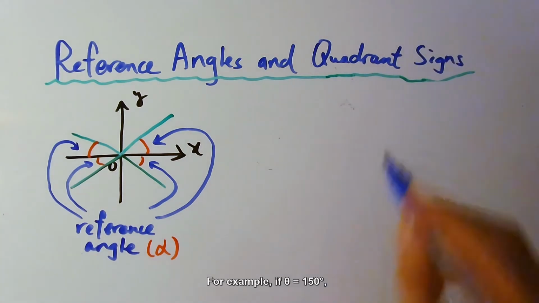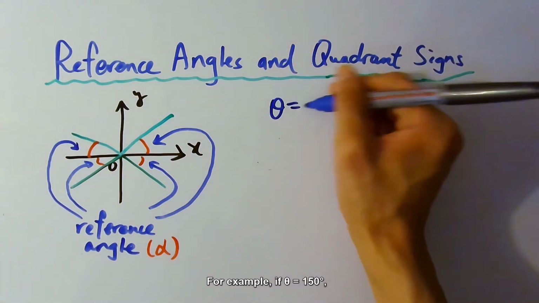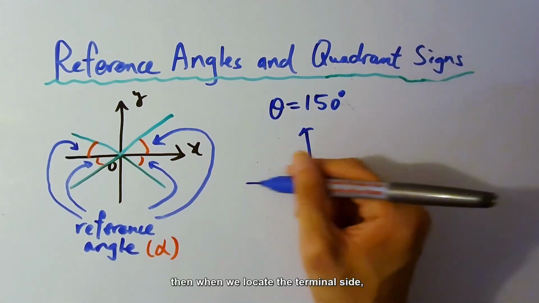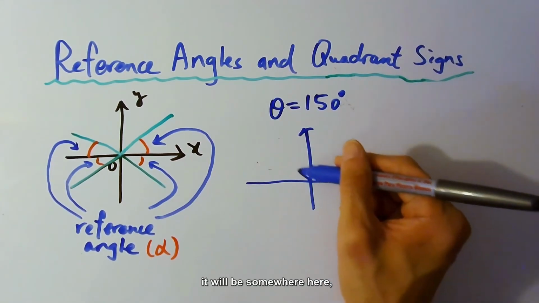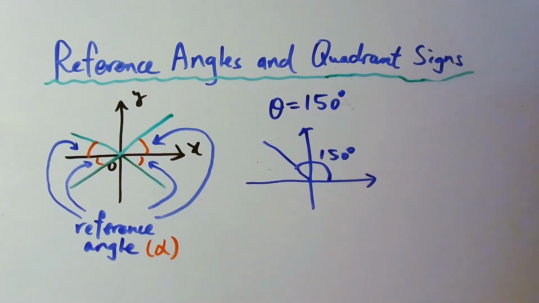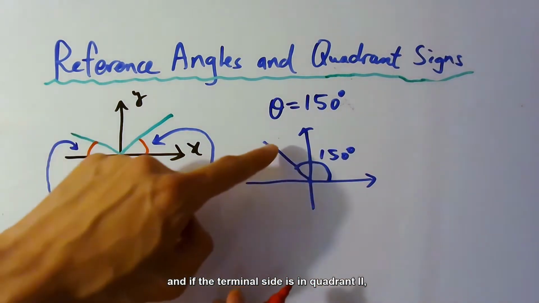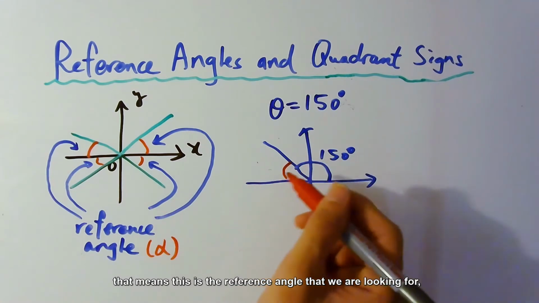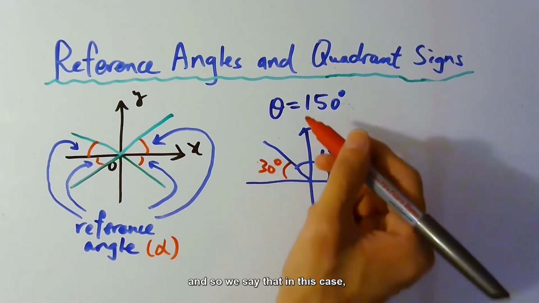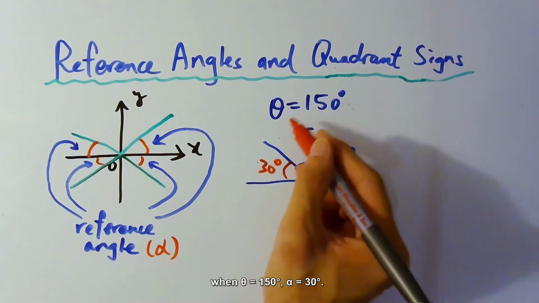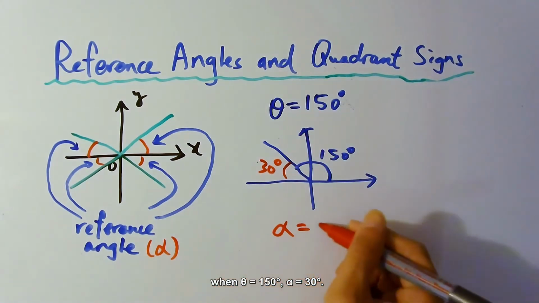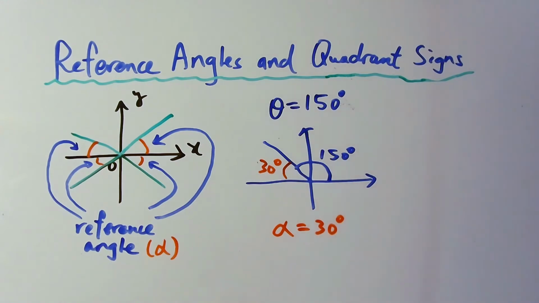For example, if theta is 150 degrees, then when we locate the terminal side, it will be somewhere here. And if the terminal side is in quadrant 2, that means this is the reference angle that we are looking for. And so we say that in this case, when theta is equal to 150 degrees, alpha, the reference angle, is equal to 30 degrees.